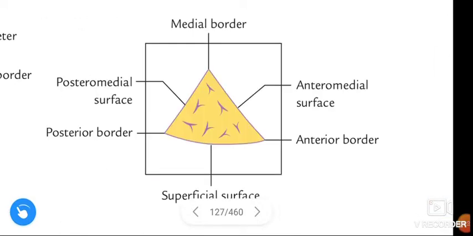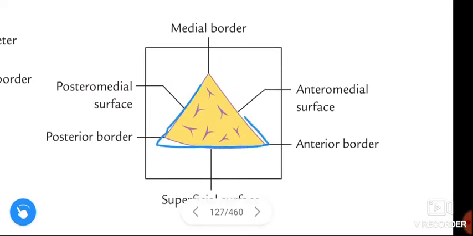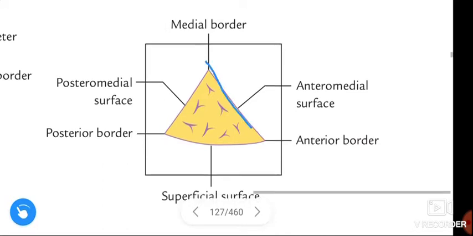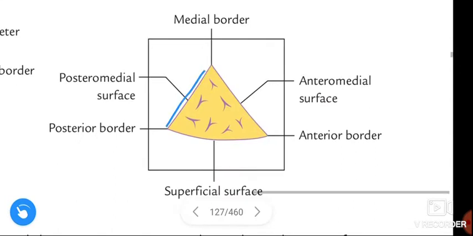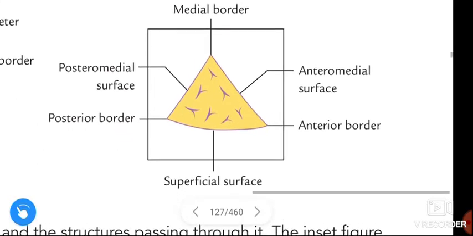See this figure. This is the horizontal section of the parotid gland, and it shows the external features. This is the anteromedial surface, this is the posteromedial surface, and this is the superficial surface.